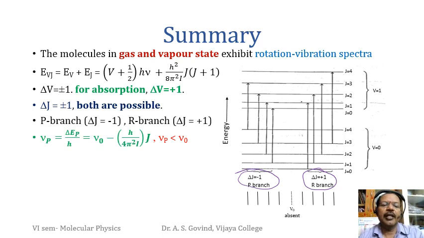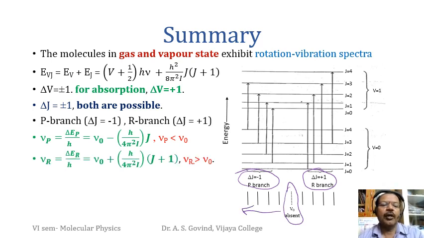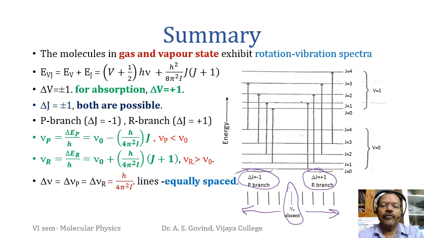And when you calculate the frequencies, P branch frequencies are less than this nu naught. Notice that nu naught is shown by a dotted line, which means it is absent. So all these are lesser values, and R branch frequencies are higher than nu naught. And notice that the gap between these lines is equal.